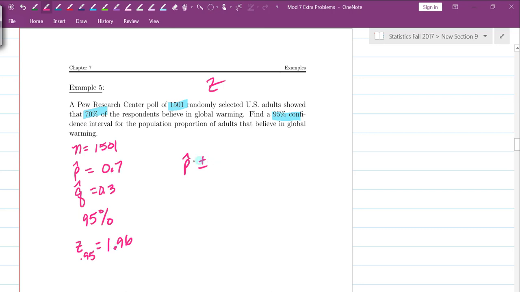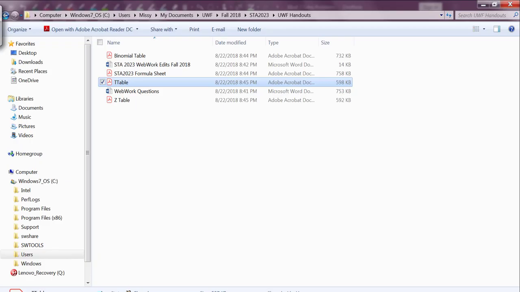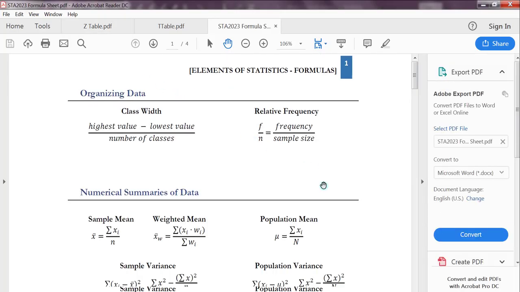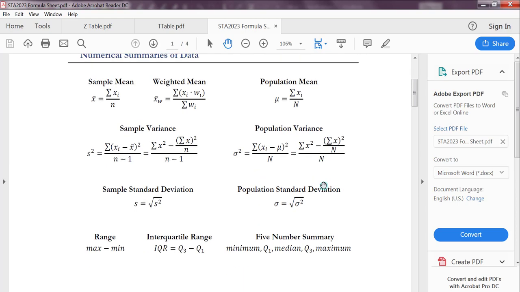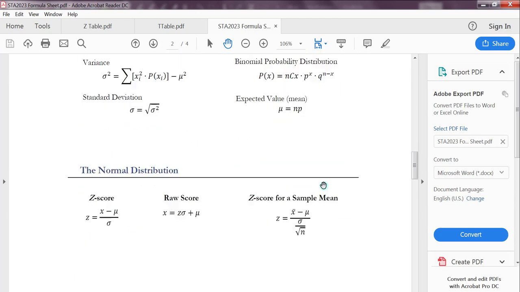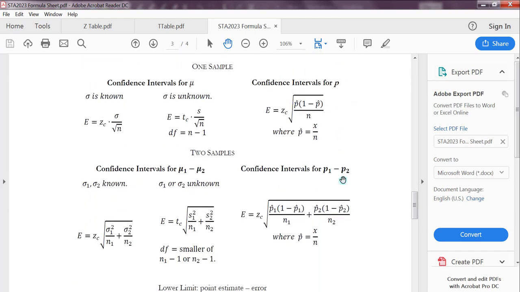So it's going to be P hat plus or minus Z sub C multiplied by, and I'm just going to go ahead and pull up our formula sheet real quick. And here's our formula sheet. Let's get to page 3, which is where we need to be.